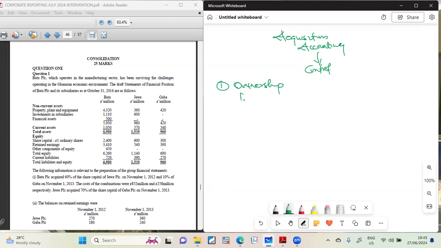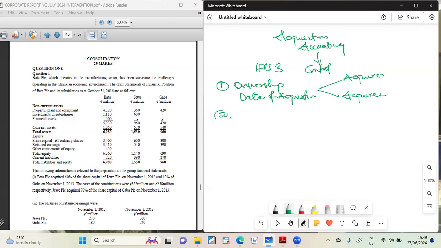And determine the date of the acquisition. In that, you have to show us who is the acquirer and who is the acquiree. Please, this thing is coming from acquisition accounting, IFRS 3, business combination.